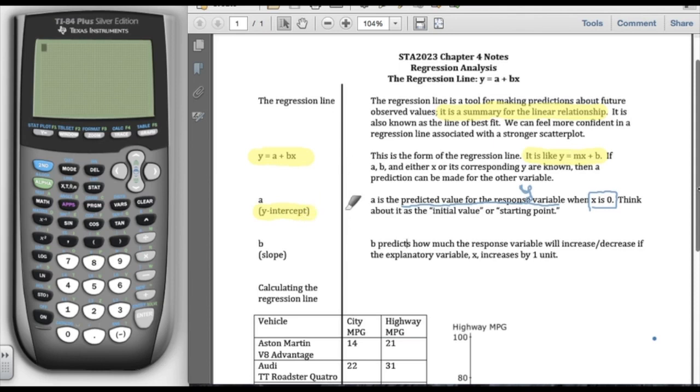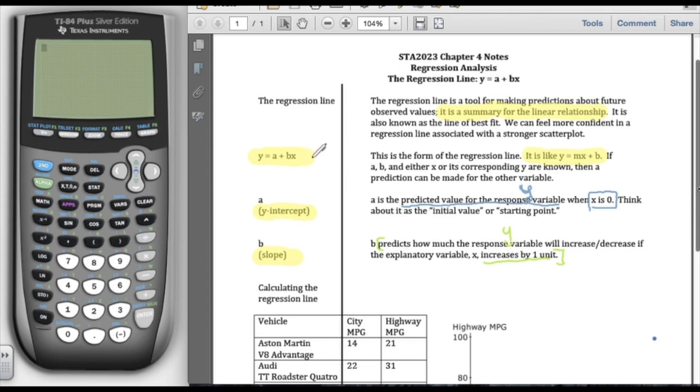The other part of the formula, the b, this is our slope. And for statistics, we're going to think about it as a prediction for how much the response variable, once again that's y, will increase or decrease if the explanatory, or the x, increases by 1 unit.